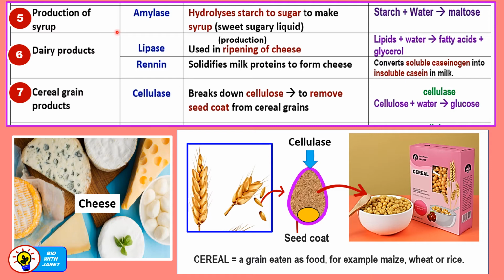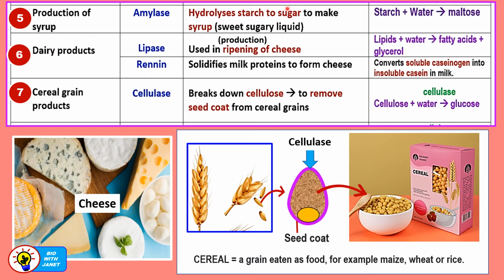Next, in the production of syrup, the enzyme amylase is used to hydrolyze the starch to form sugars to make syrup, which is a sweet sugary liquid that we can use to sweeten drinks like fruit juices. So the reaction is as follows. Starch plus water, through the action of the enzyme amylase, maltose is formed.